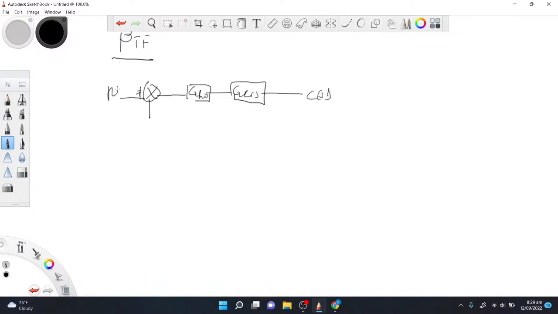So let's take an open loop first. So they give you an open loop block diagram like this.